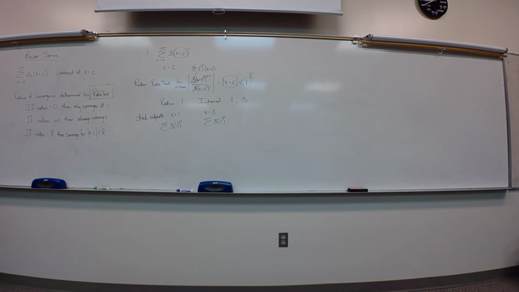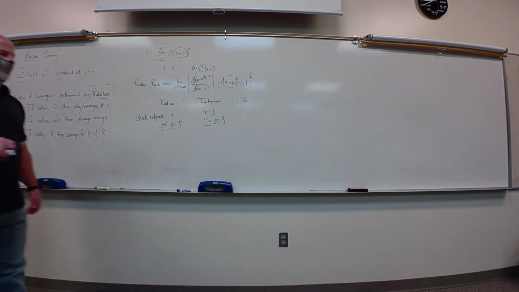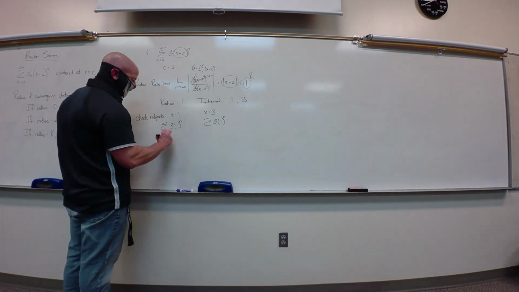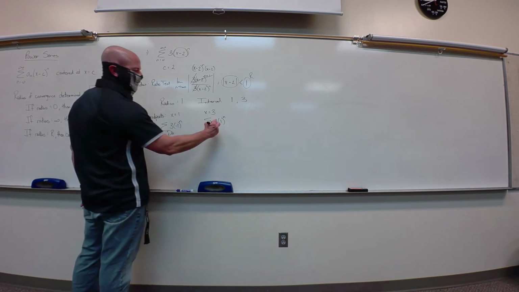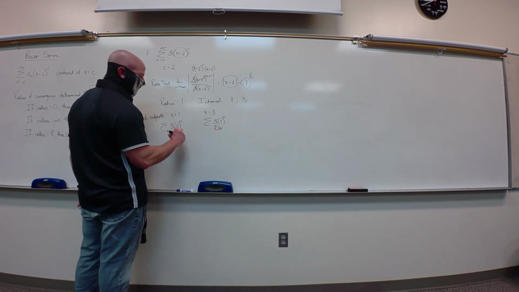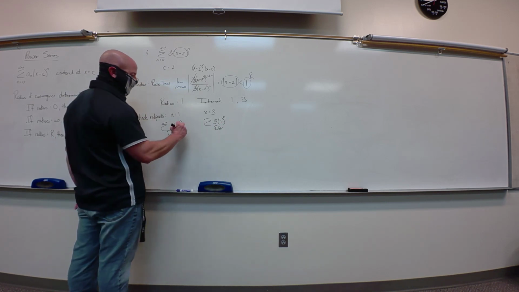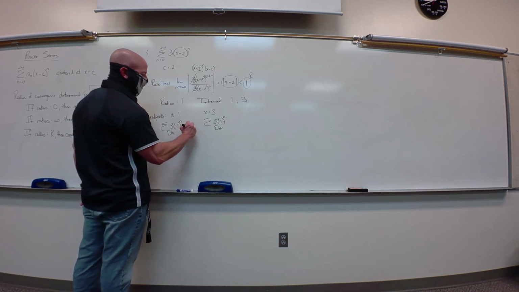The one test you don't want to try is the ratio, because it's going to give you a 1. That would be the inconclusive part. But think of anything else. So I would say that this diverges, and I would say this diverges, and they both diverge by the nth term test.